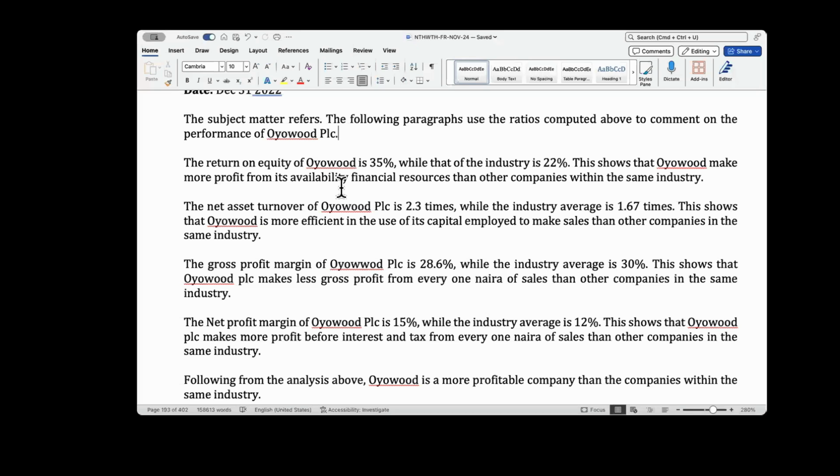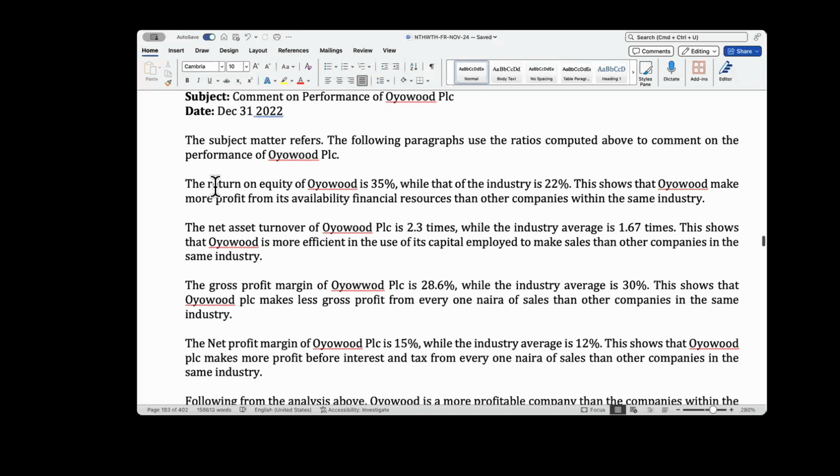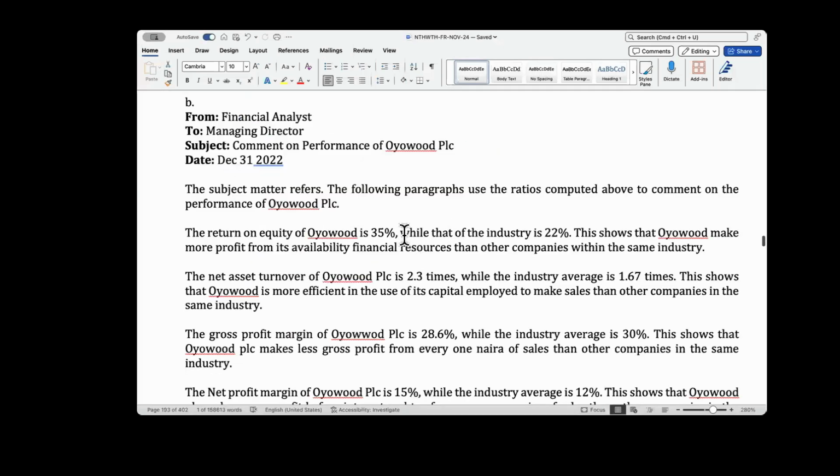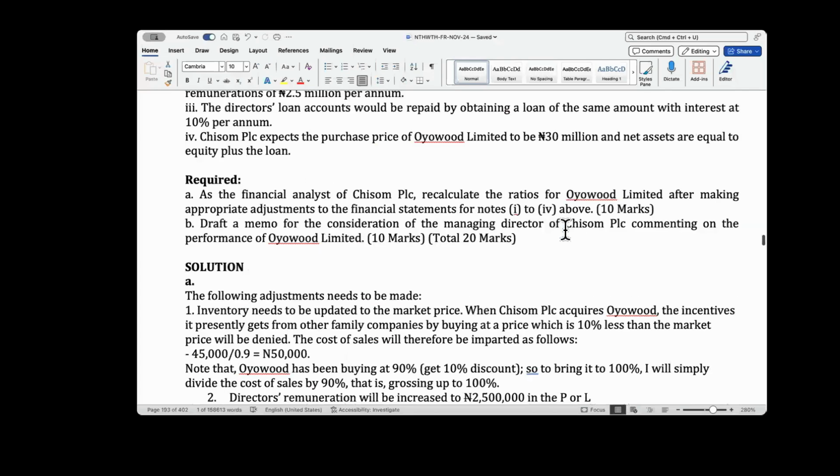The return on equity of Oyo Wood is 35%, which is what we computed, while that of the industry is 22%, which they gave me in the question.